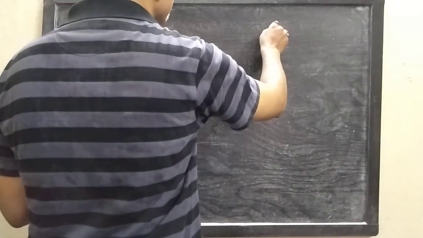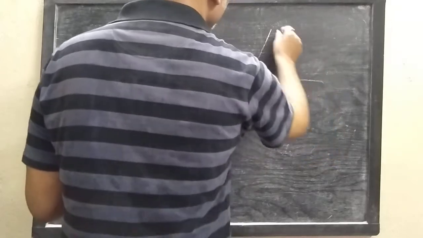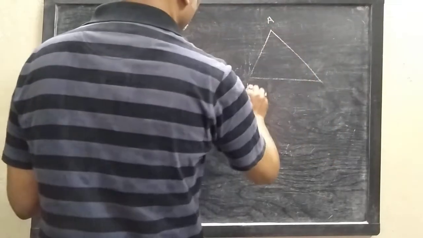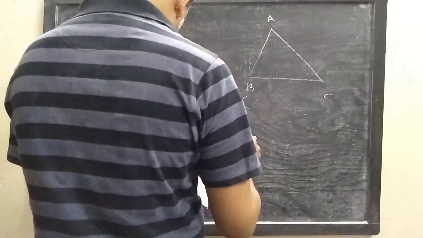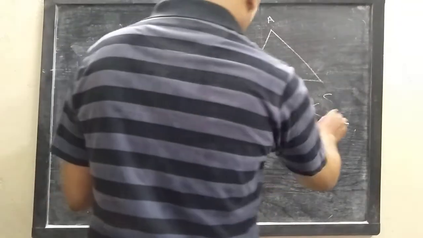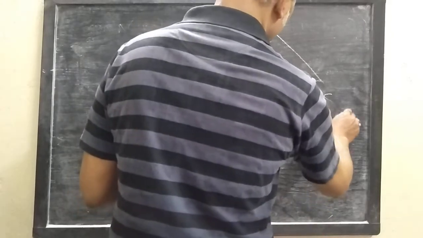Next question. Probably this is the last question of this class. Two vertices of a triangle are given, the area of the triangle is given, find the third vertex if it lies on a given line. B is (8, -6), C is (-4, 6).